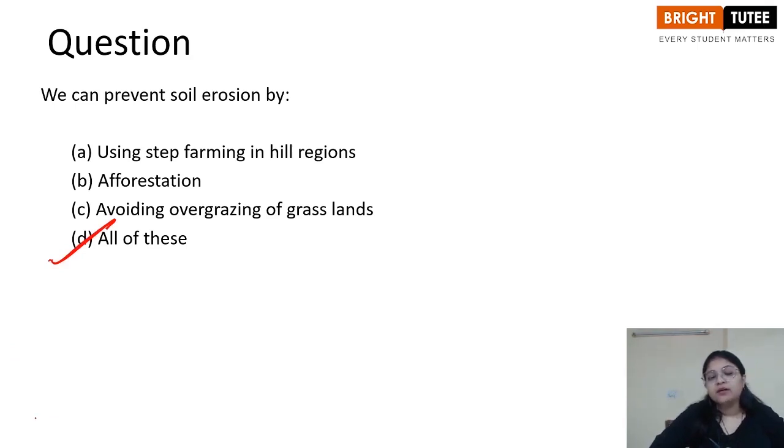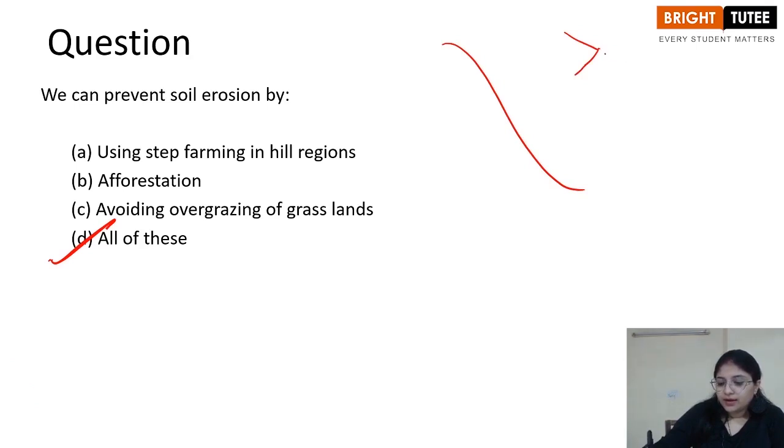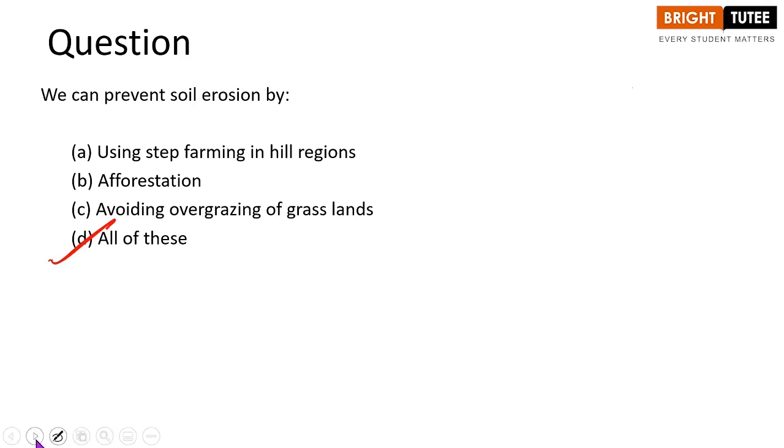Step farming is when the hill is cut in this way, and then instead of flowing down, the water stays in the hill steps, right? You must have seen the pictures, and if you have gone to a hilly region, you will see this kind of step farming. So this is quite useful in hilly regions, and in this way, we can prevent soil erosion.